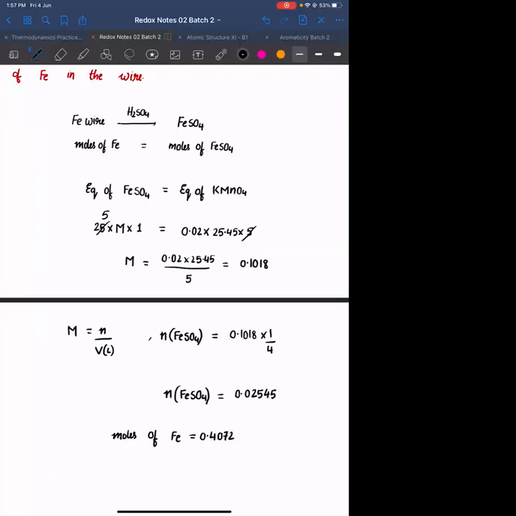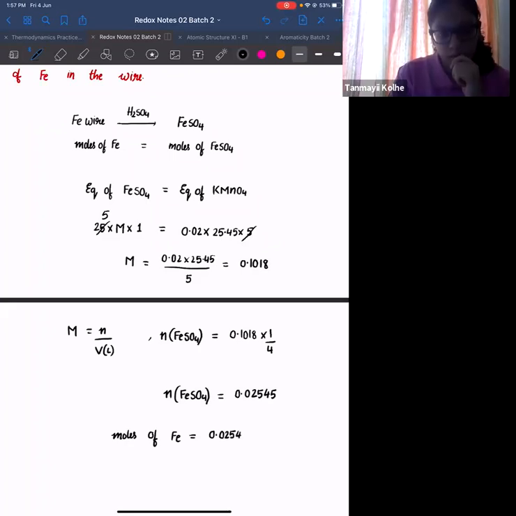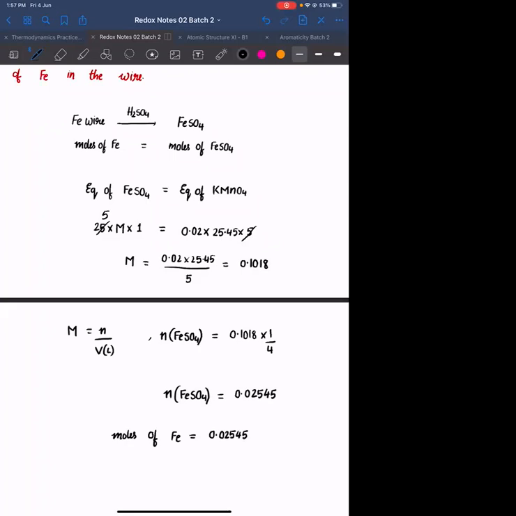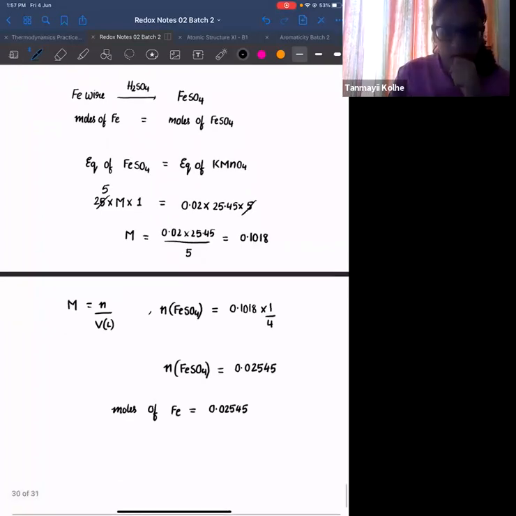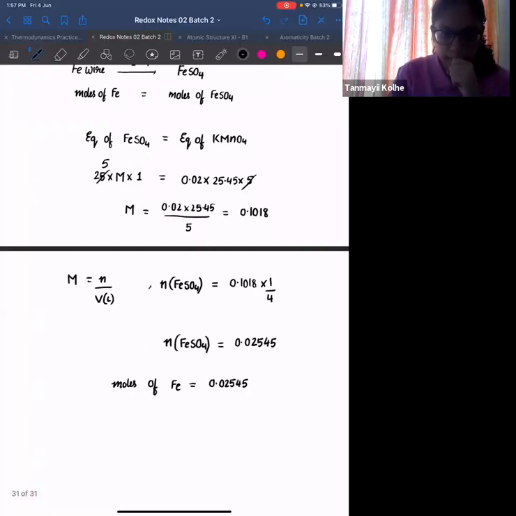So the moles of Fe will also be equal to 0.02545. You need to substitute the volume in liters. Yes sir, volume in liters is 1/4 liters.